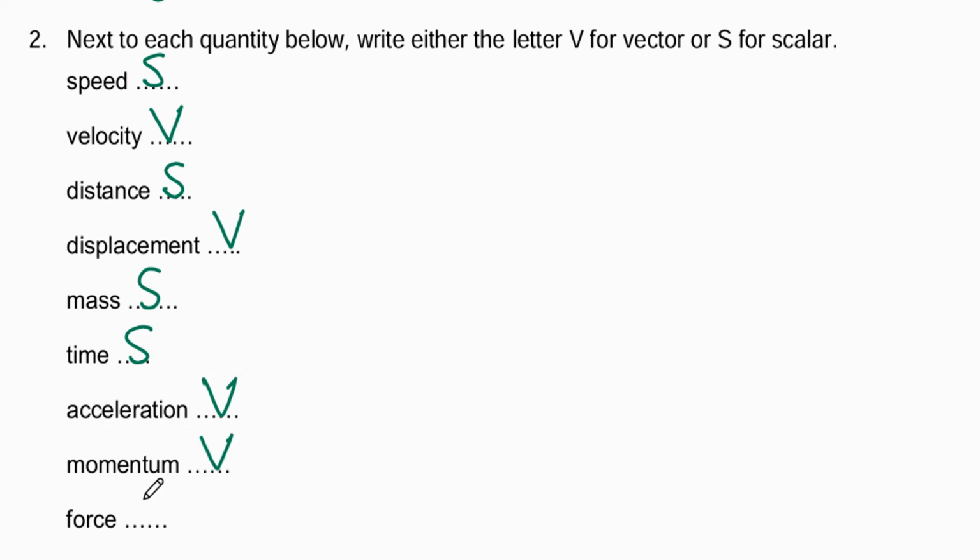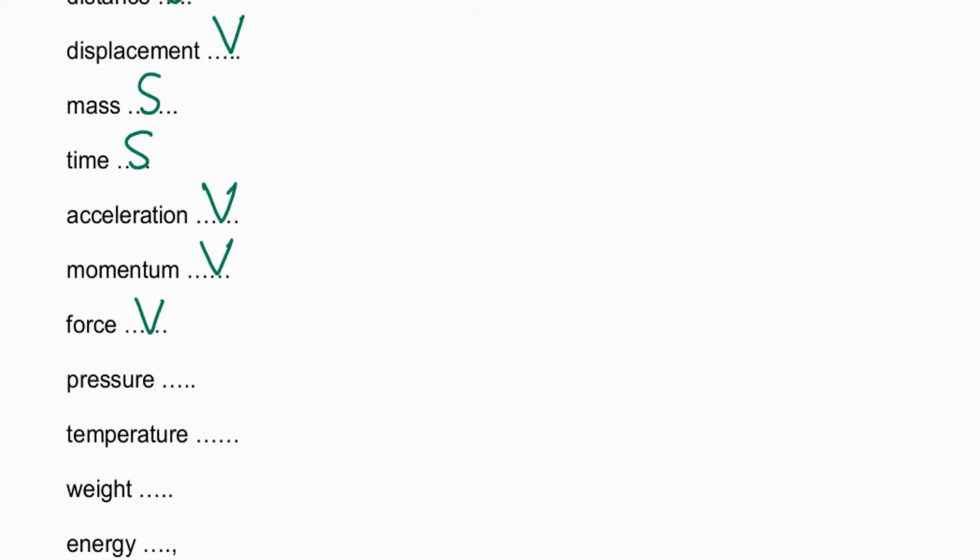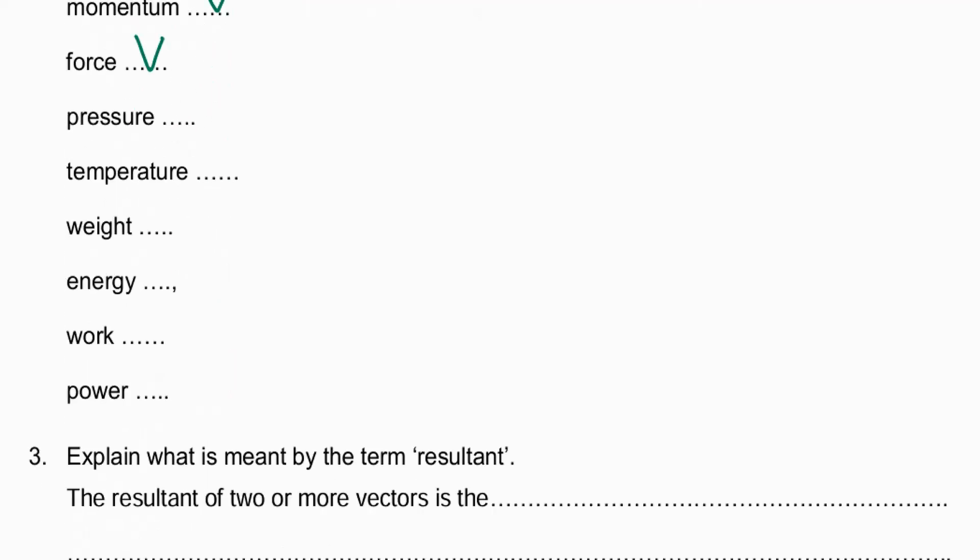Momentum is a vector, force is a vector. Then pressure is a scalar, it doesn't have direction. Temperature is a scalar. Weight is the same as force, so it's a vector. Energy is a scalar. Work is the same as energy, so it's a scalar. And power is also a scalar.